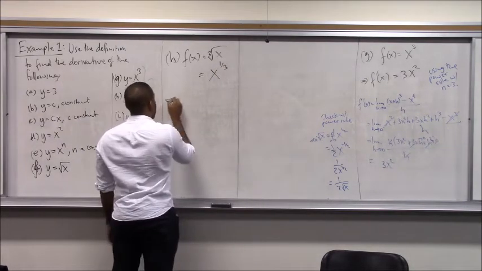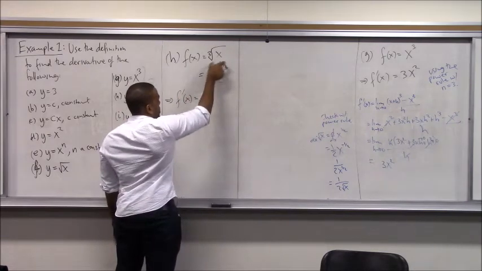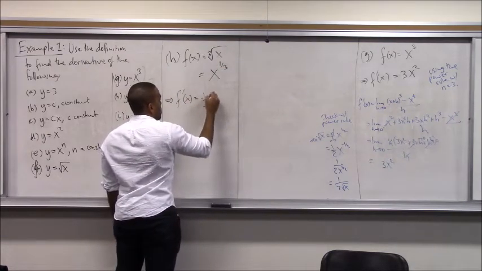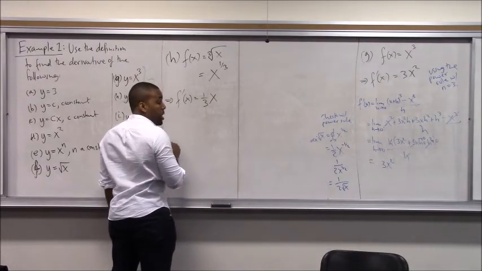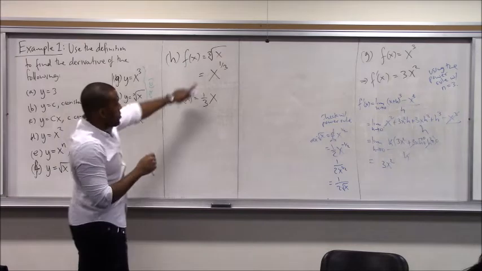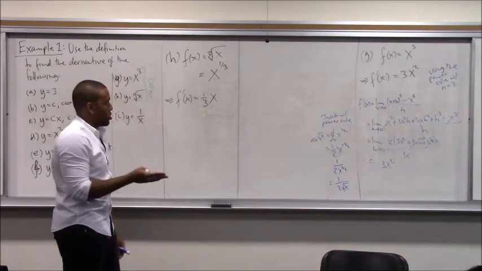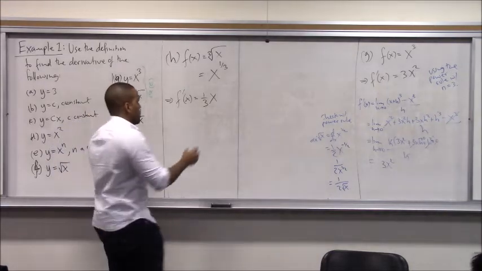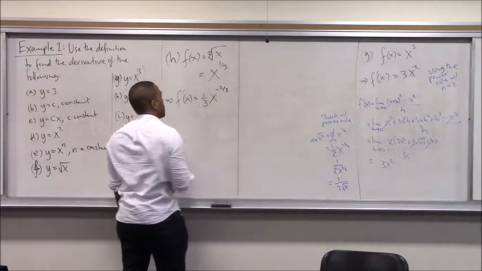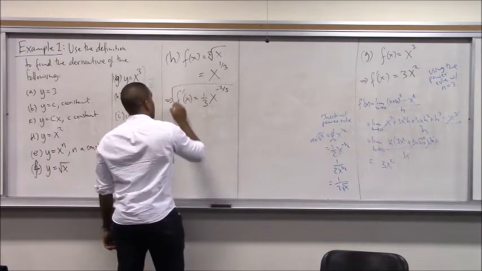So this would mean that the derivative is going to be, that's x to a constant power, bring the constant down in front, subtract 1 from the power. Whenever you're subtracting 1 from a fraction, just think of it as the denominator over itself. So it's 1 over 3 minus 3 over 3, which is minus 2 over 3. Which, for me, that's good enough.